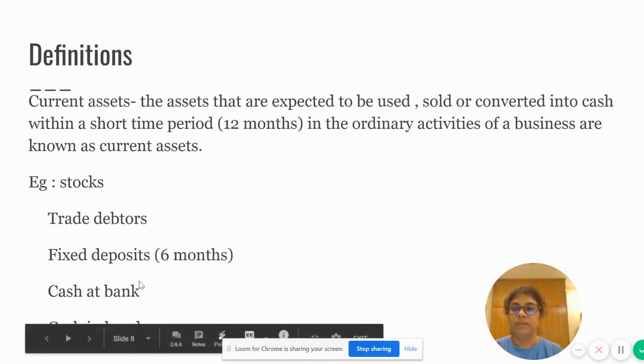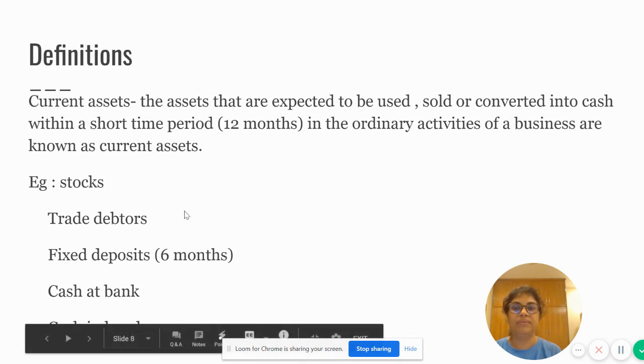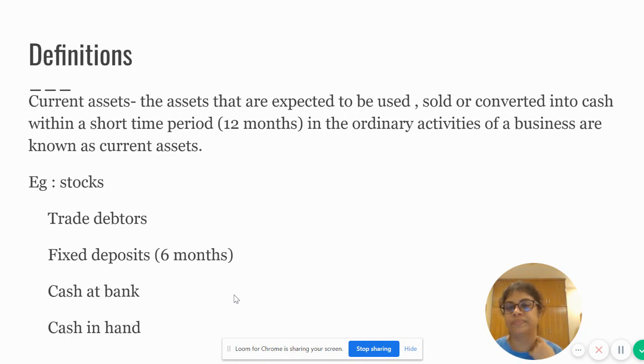I have listed out these current assets according to their liquidity position, that means the ability of converting them into cash without incurring any losses. I'll move on to the liquidity position in my next video.